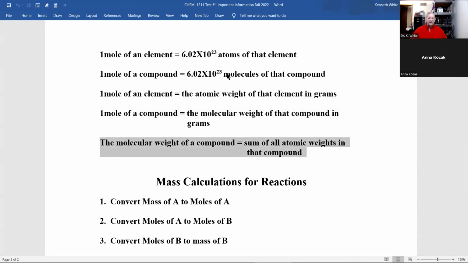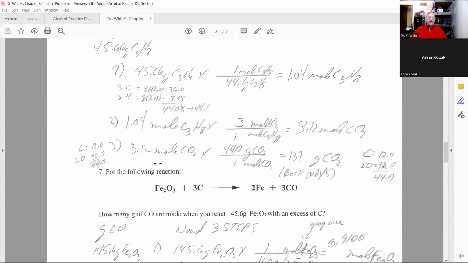So if we go back here, we have right here moles of CO2. We want to go to grams of CO2. Unit analysis, grams go on top of CO2, moles go underneath. 1 mole of a compound equals the molecular weight. And I have it on both sides.